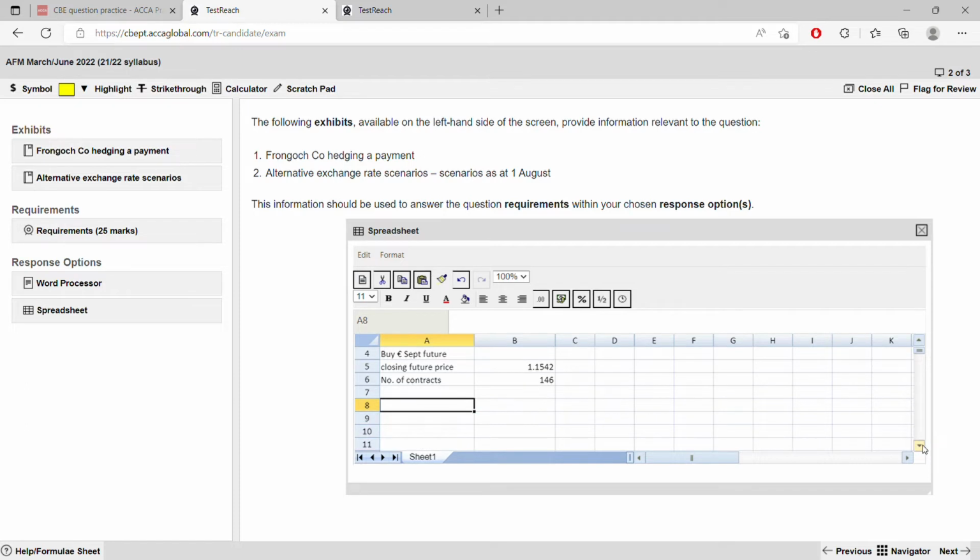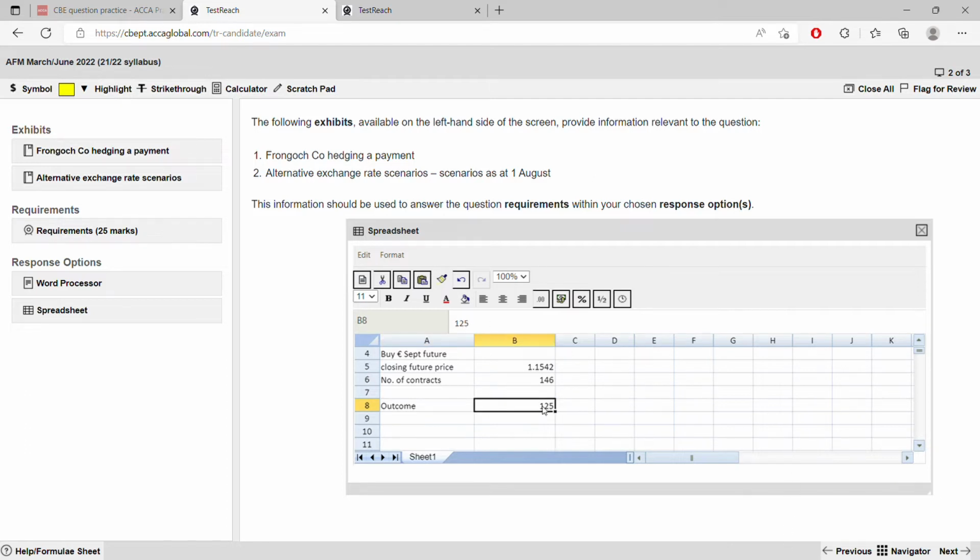Now, what is the outcome in the future? Just multiply the number of contracts with the contract size and the closing future price.